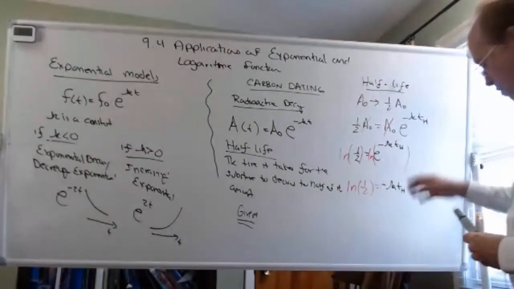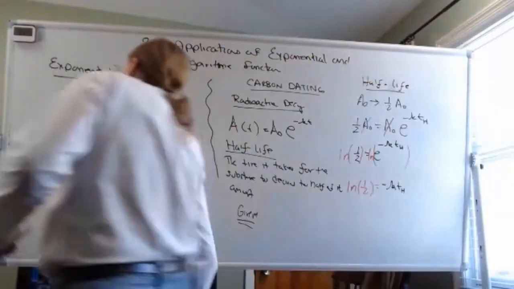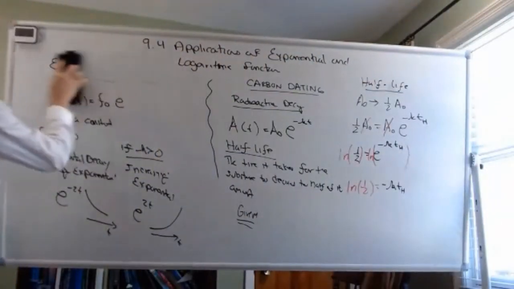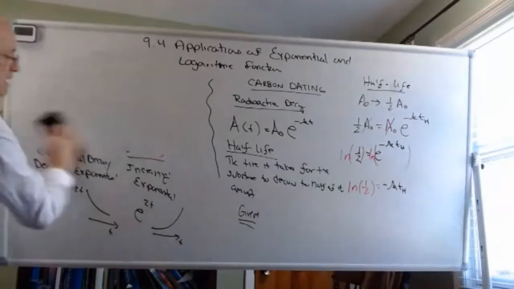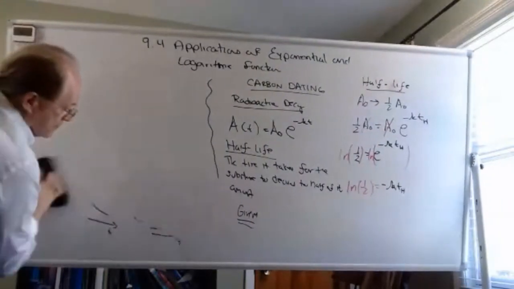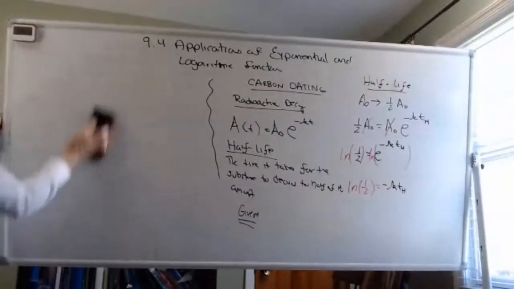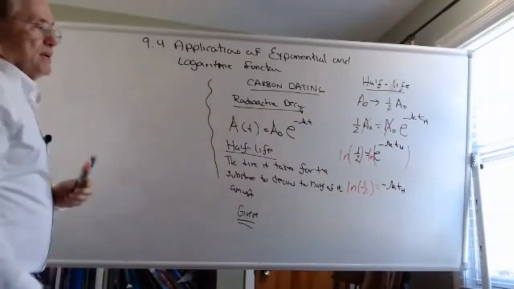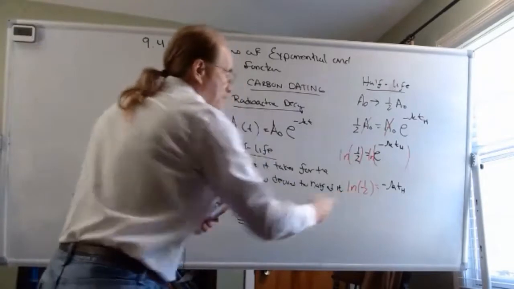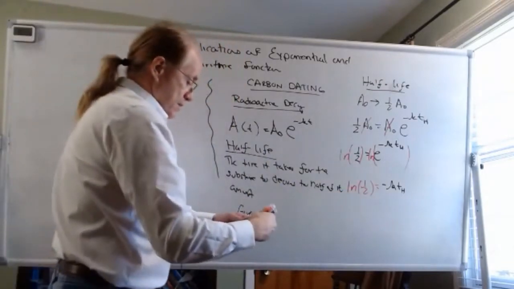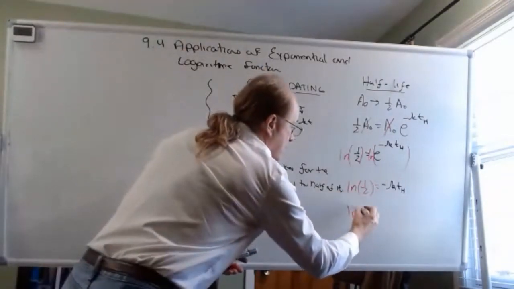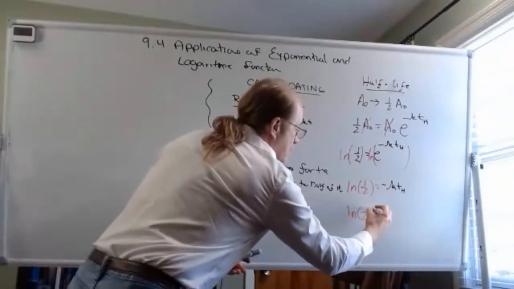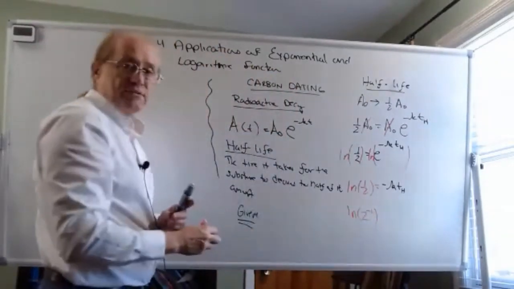Okay, so I'm working with this a little bit. Let's continue a little further, and we'll get our model that we can use to model any phenomenon that decreases based upon a half-life. Now, sometimes you often rewrite this. I can rewrite this as the natural log of 2 to the negative 1 power, which is equivalent to 1/2.